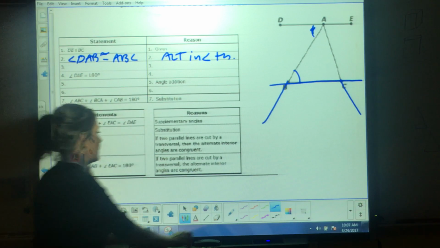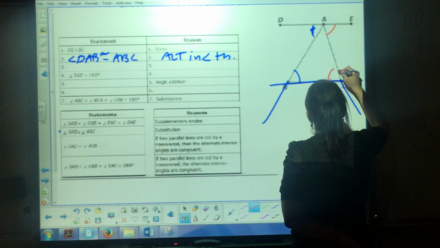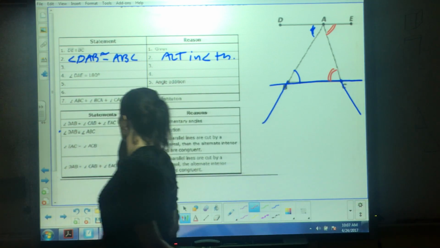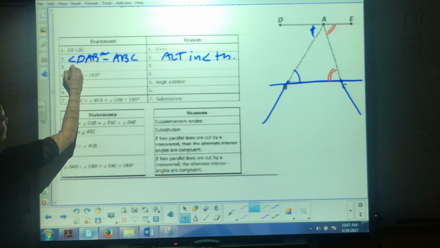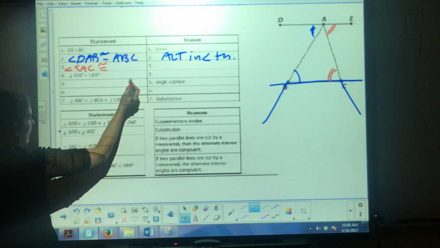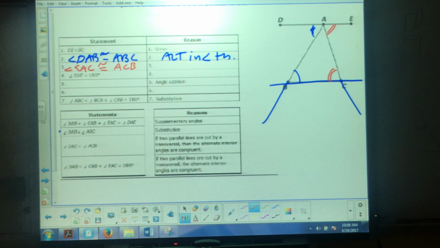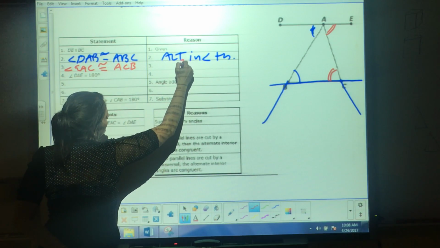Next, I'm going to say that this is congruent to this. Why? Same reason, awesome. ACB, same thing.